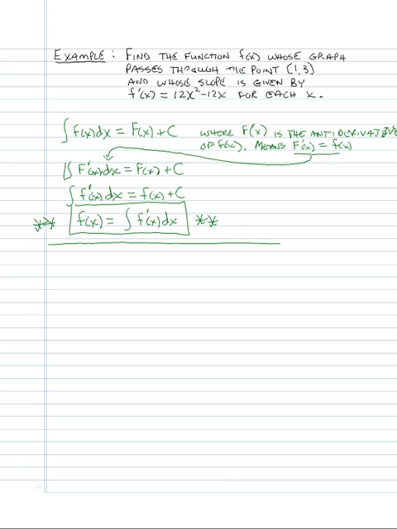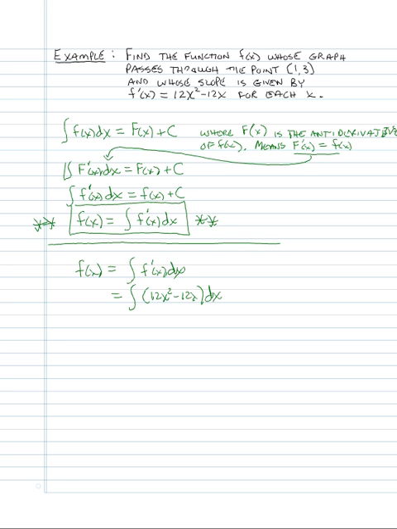So we want to know the function f of x. That's what we're asked for. What's f of x? According to this, it's the integral of its derivative. In this case, the derivative, we're told, is 12x squared minus 12x.